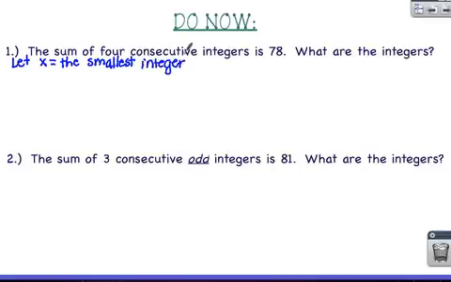Since they're consecutive integers, they are in a row, so I'm going to let x plus 1 equal the second integer.